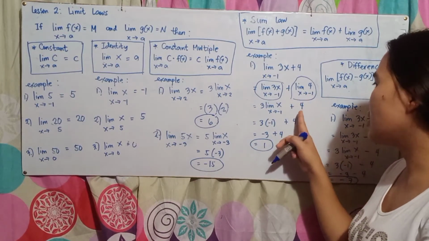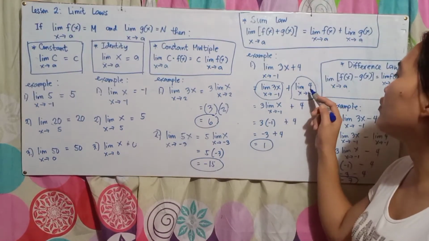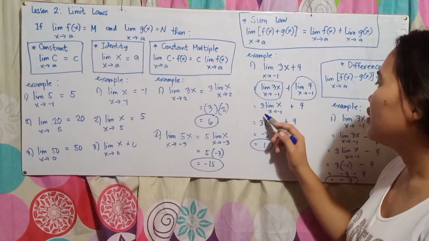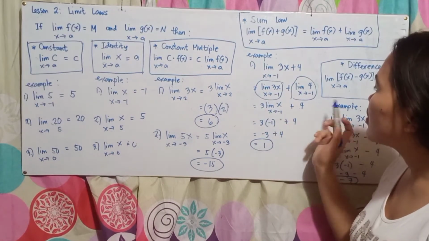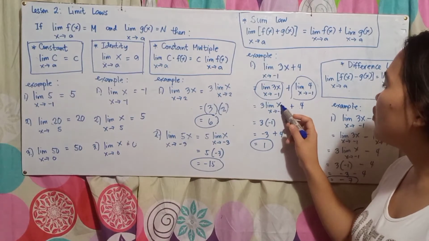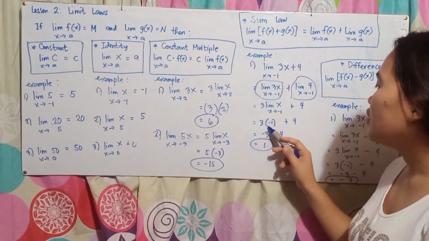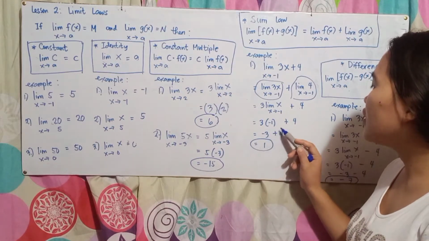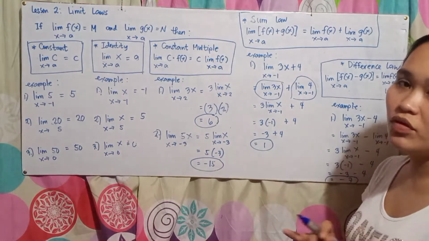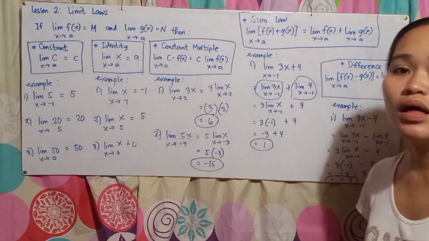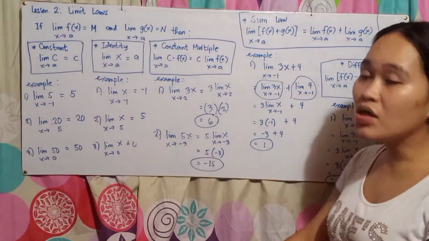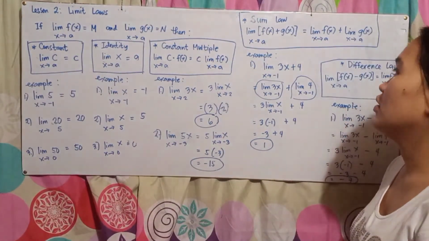Limit of 4 as x approaches to negative 1. So, wala variable. So, 4 ang answer. Diri, copy 3. Then, limit of x as x approaches to negative 1. So, negative 1. So, 3 times negative 1 is negative 3 plus 4. So, yun ang pag-show ang solving sa limits using laws.